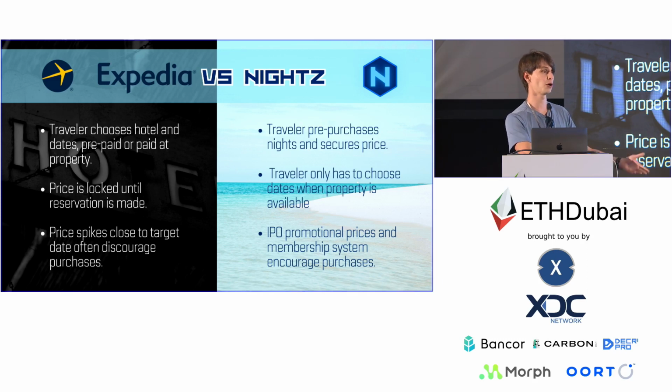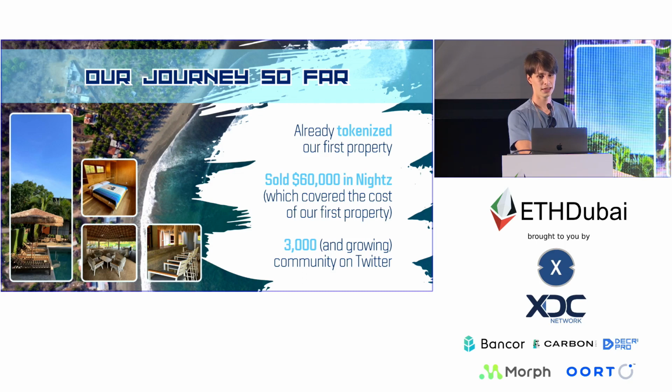So if you'd like to come to Dubai, Tulum, Bali or wherever, you can buy weeks, months in advance and just burn them, use them whenever you want. The traveler only has to choose dates when the property is available, first come, first served, just like Expedia or Airbnb. And the IPO, promotional prices and membership system encourage purchases.